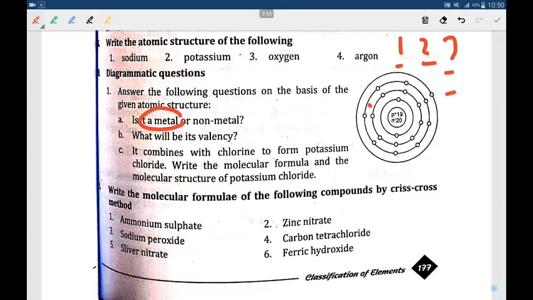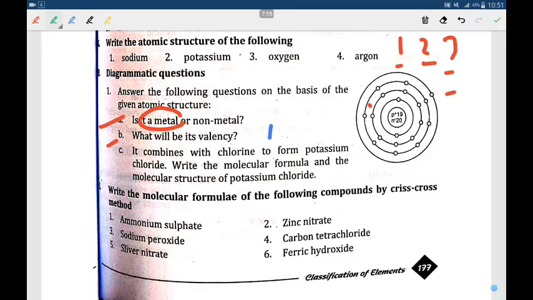Now question number B. What is valency? We know valency is the combining capacity. Means how many electrons are donated, shared, or how many are received. Here there is 1 electron in the valence shell, means its valency is 1 because it donates 1 electron.